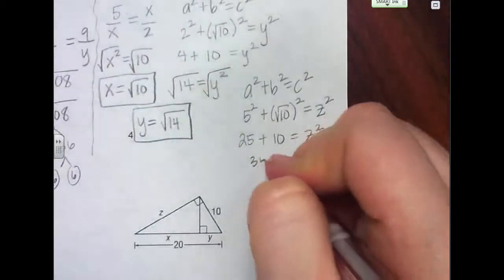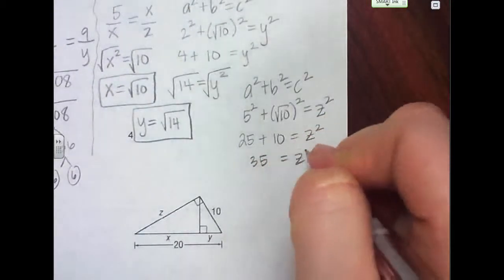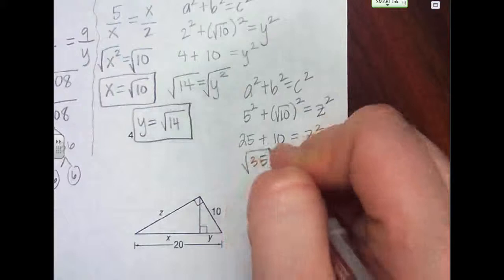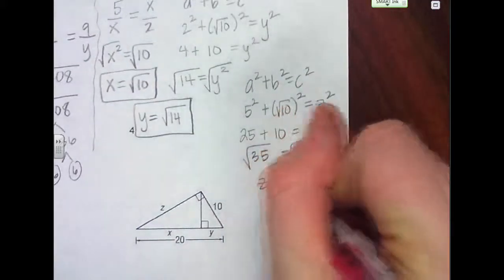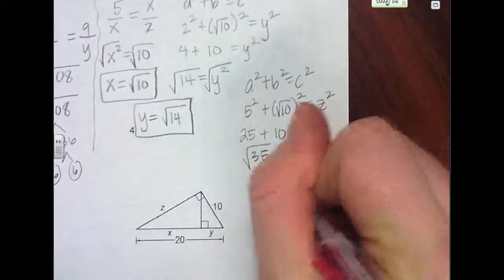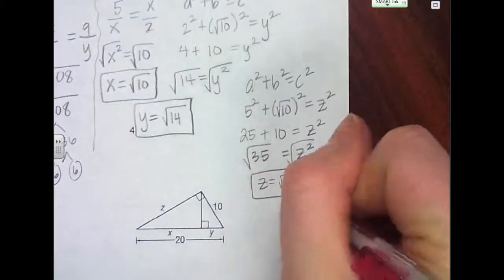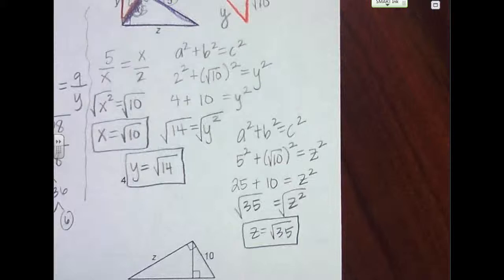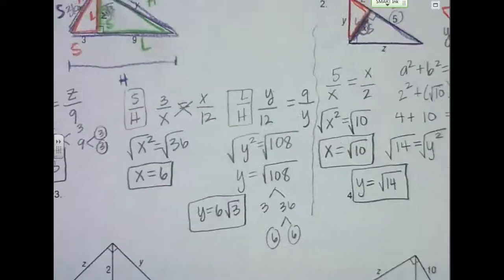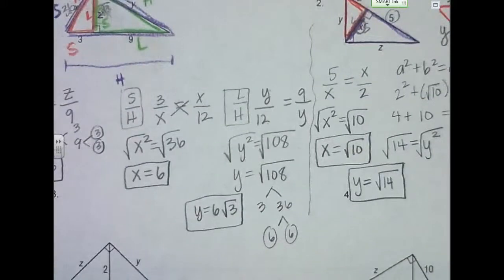This should be 35 equals z squared. Square root, square root. So z equals the square root of 35, which doesn't break down because it just breaks down to 5 and 7. So that method might be a little bit faster for you than what we did on number 1, but it's completely up to you, whichever one you like.